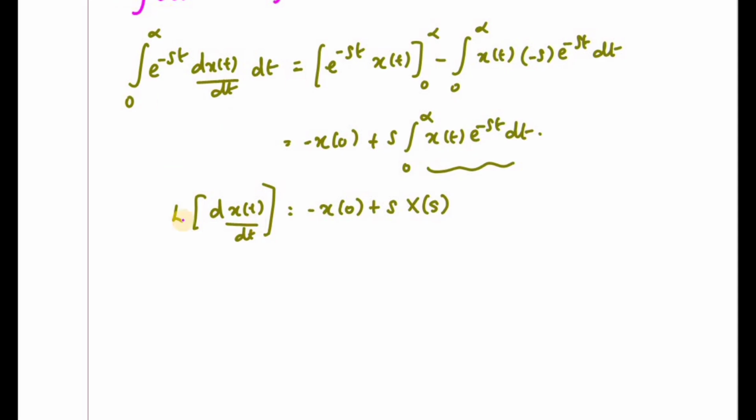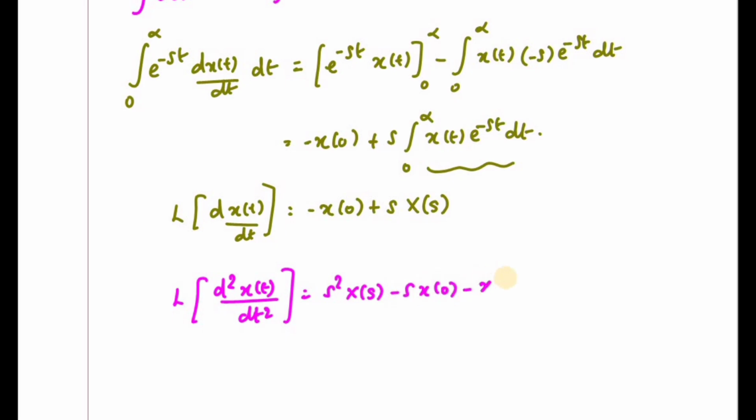Similarly, if I want the equation for d square x of t by dt square, that is equal to s square x of s minus s into x of 0 minus x dash of 0. This is another formula.